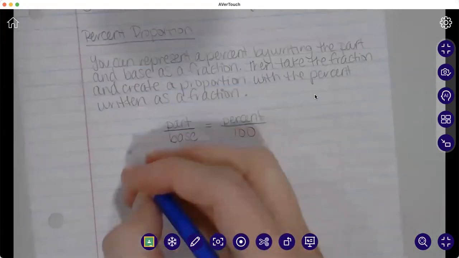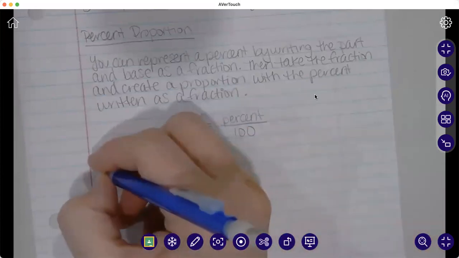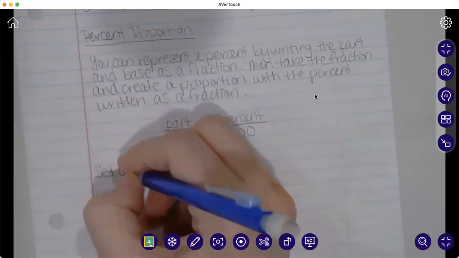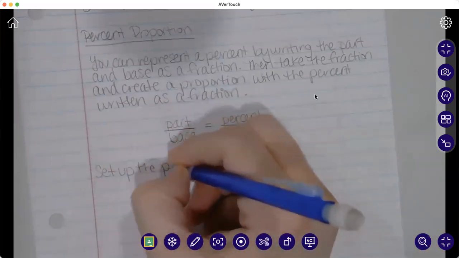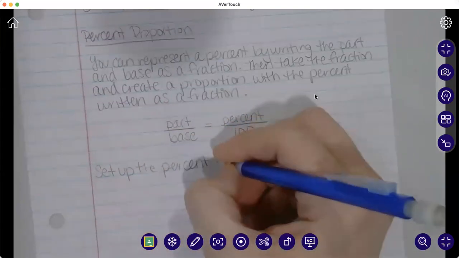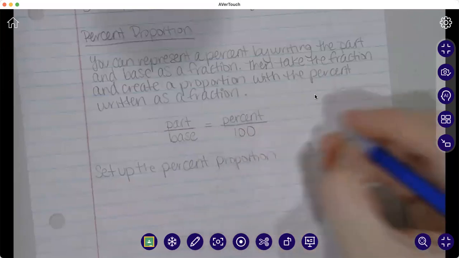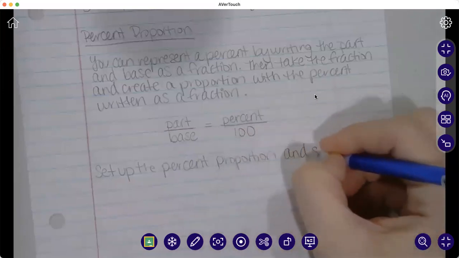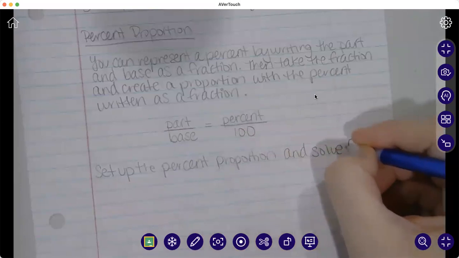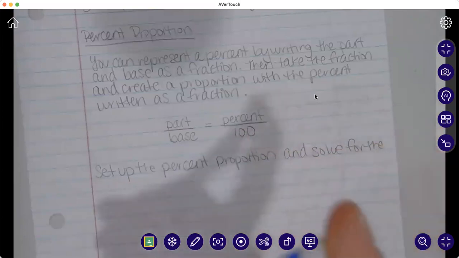So the following instructions: you're going to set up the percent proportion that is part of the work and solve for the missing value.